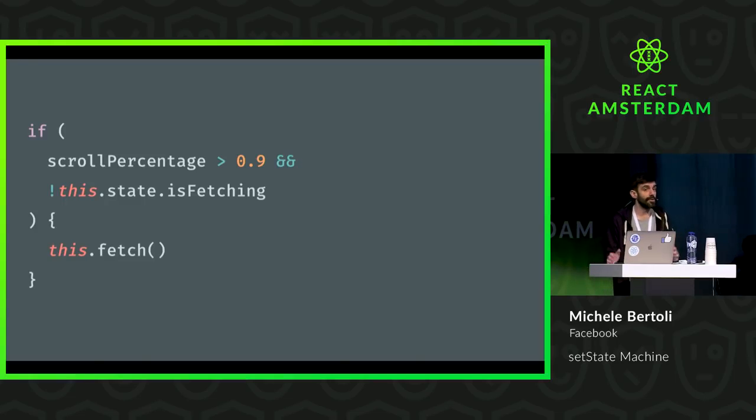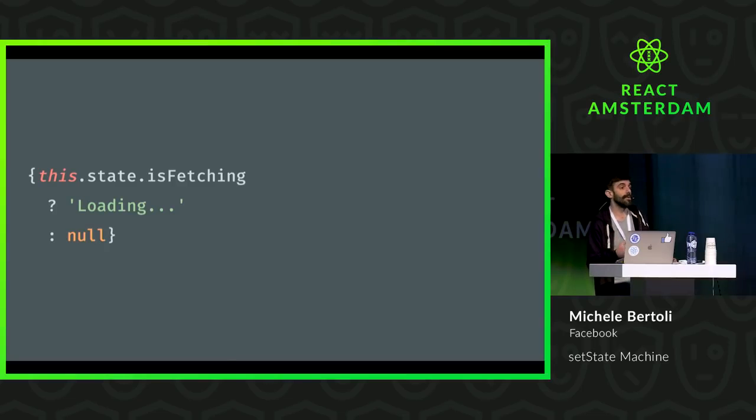This is not a big issue, but now our component does two different things, something when it's fetching and something when it's not fetching. And the same applies to the render of this component. So you start adding a ternary, and you say if it's fetching, then you can show a loading indicator, a spinner, whatever, otherwise not. But this works. The component has two states, it's fine.